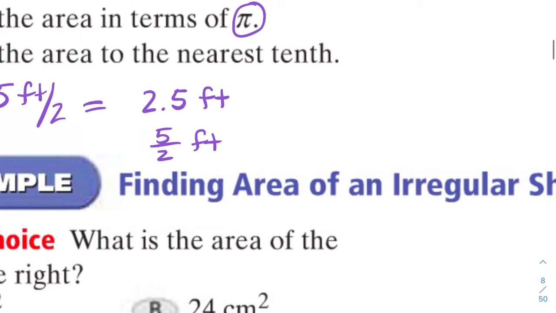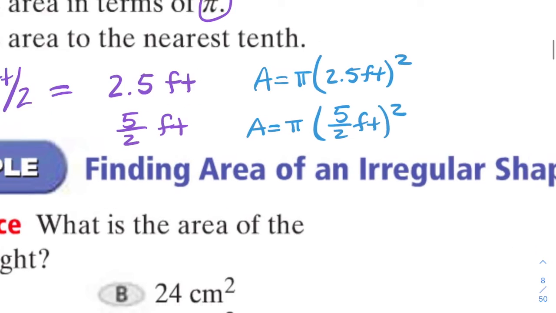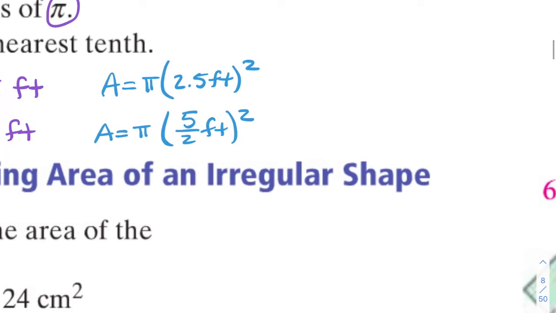So here are my area formulas. So area is pi r squared. So it's going to be area is pi times 2.5 feet squared. Or I could write it like this, pi times 5/2 feet squared. So now I have 2.5 squared is going to be 6.25.